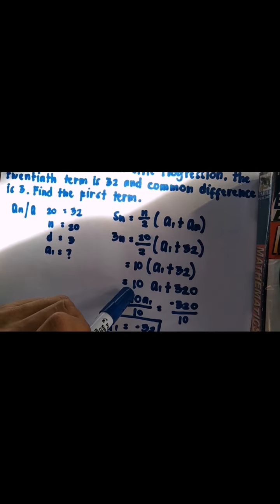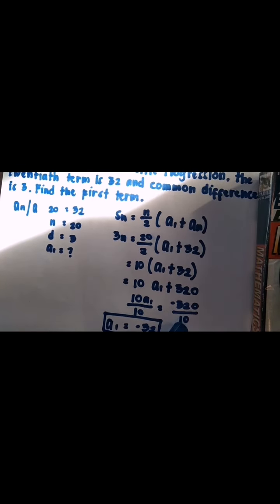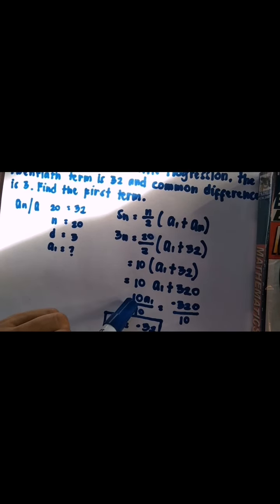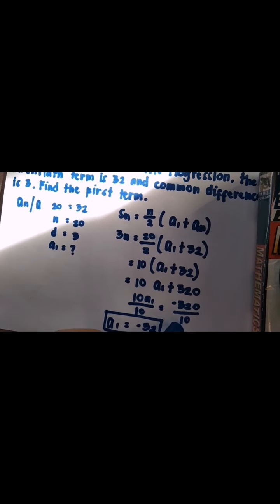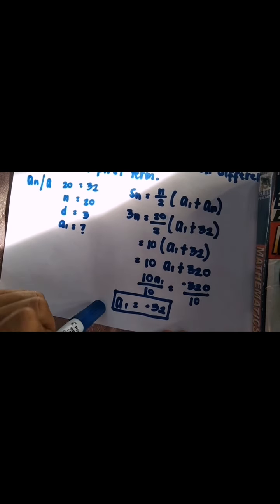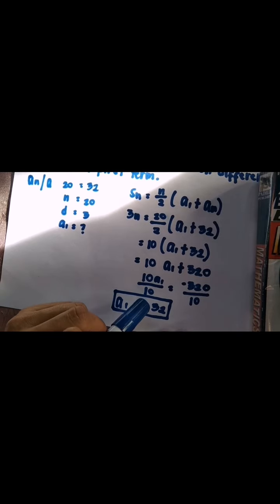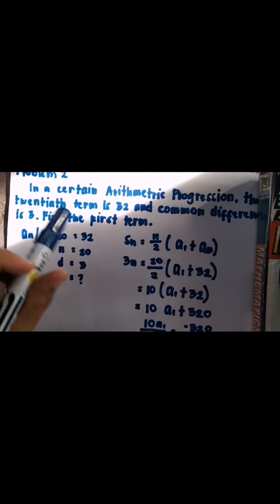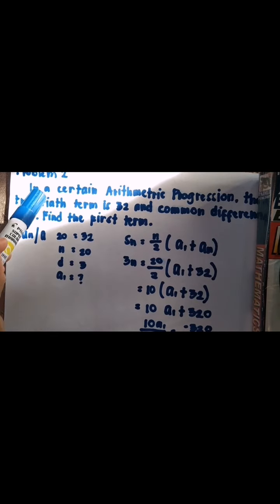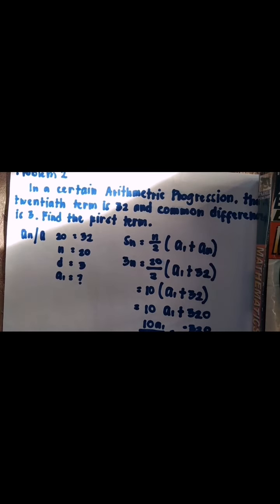Then all we have to do now is divide by 10. So 10 a sub 1 over 10 is equal to negative 320 over 10. Therefore, our answer is a sub 1 equals negative 32. This is our answer for number 2.